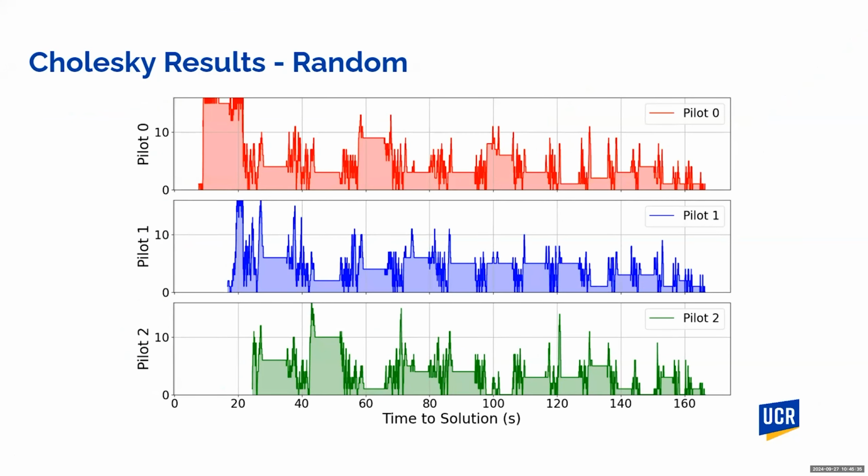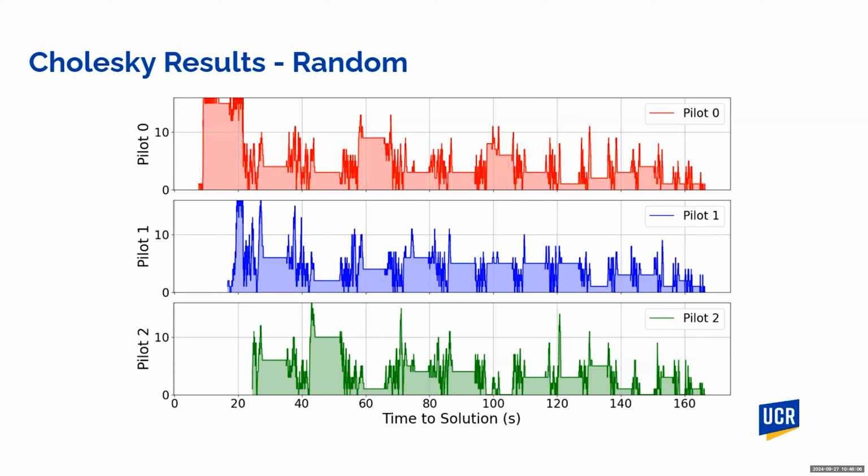The Cholesky results look like this for the original implementation, where you can see that the different pilots or blocks, as they come online, initially have high utilization, but it just goes to meandering throughout, very mid, not 100% utilized at all once it gets started.